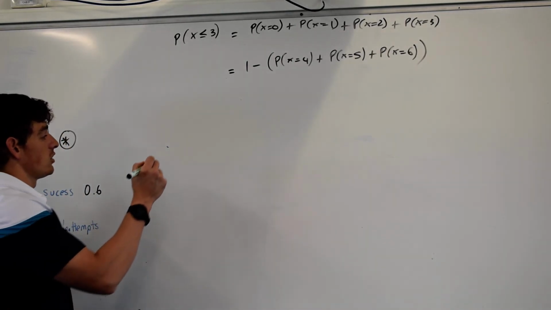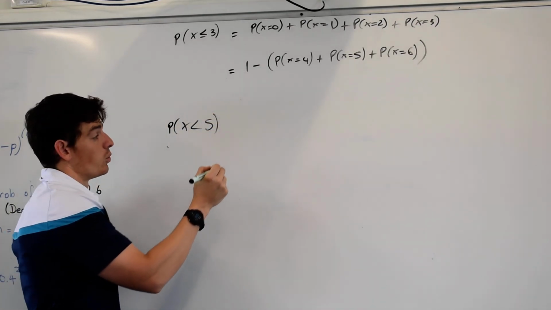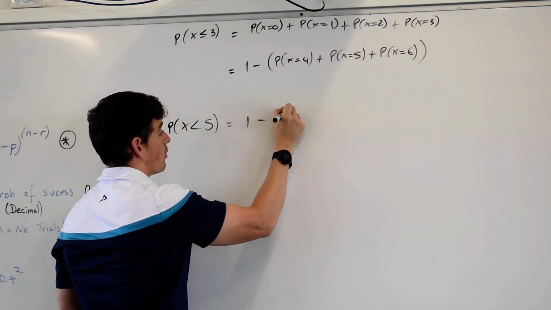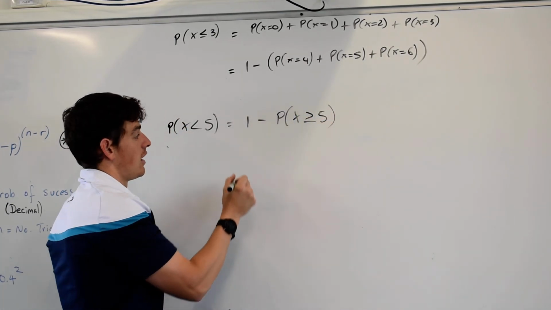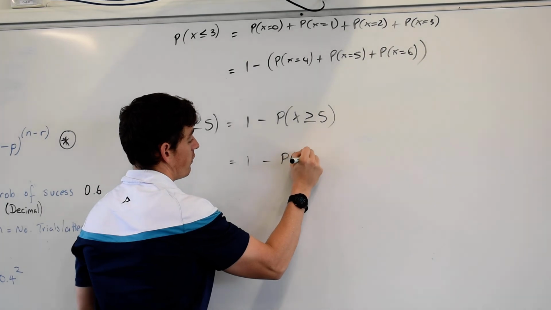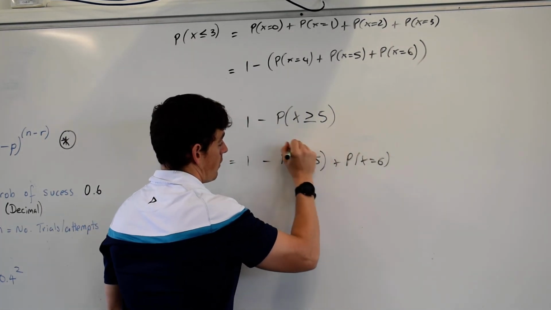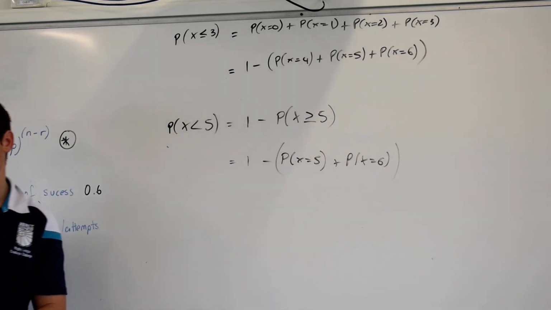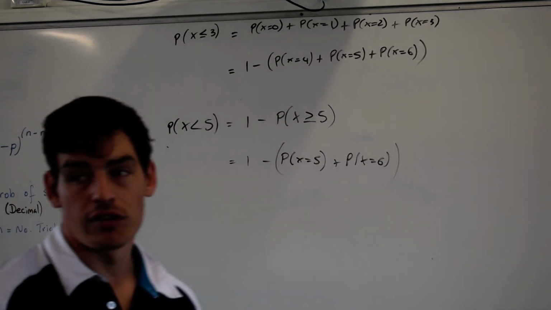So in that situation, you want P(X<5), which could also be 1 minus the probability that x is greater than or equal to 5. And then you go 1 minus P(X=5)... I don't like those. Or you could go 0, 1, 2, 3, 4. Up to you.